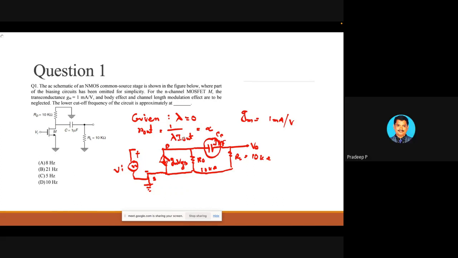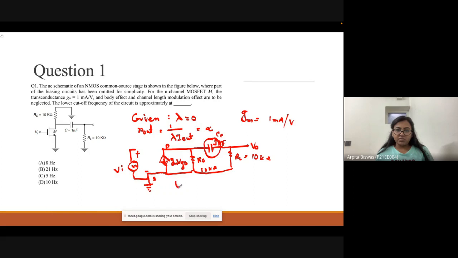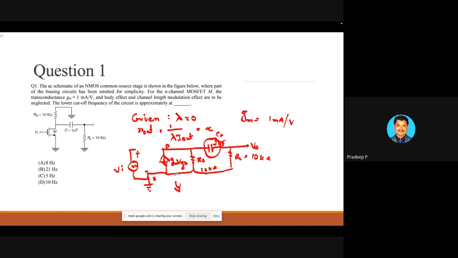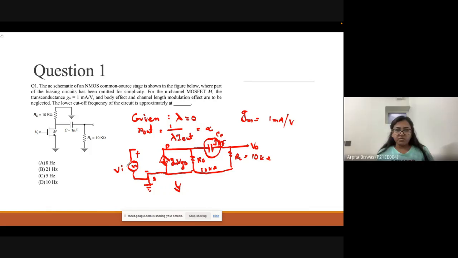We have to find the equivalent resistance, and then 1 by 2 pi RC. Yes, we have to find out the equivalent R and the equivalent C. So for this case, we have to do this: the voltage source Vi equal to 0 is like a short circuit.